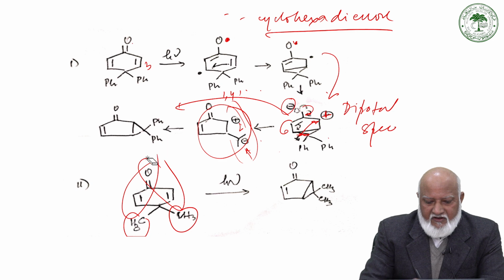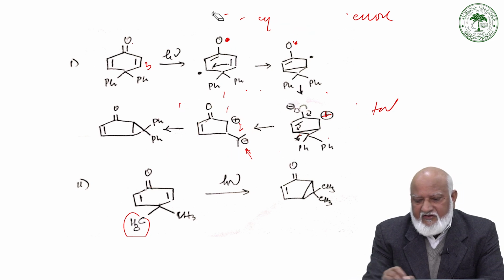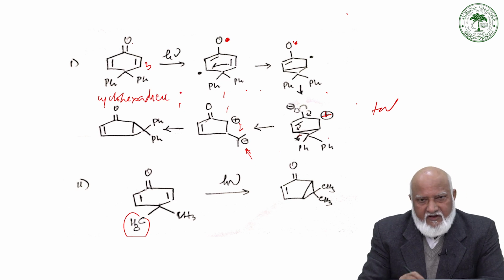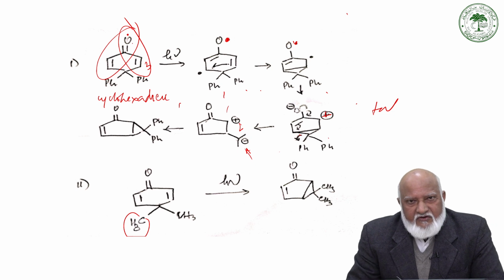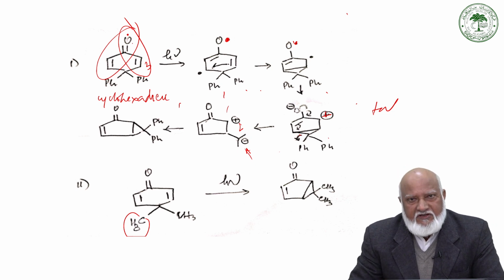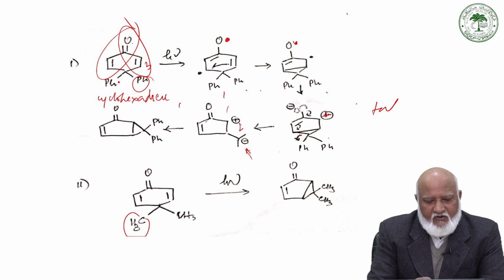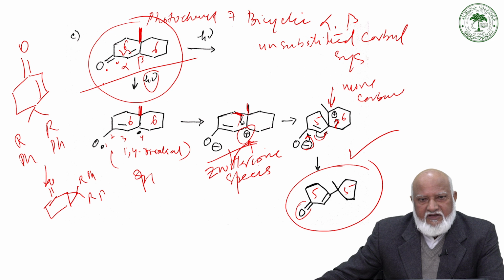So the cross conjugated cyclohexadienone, again with the 4,4 disubstituted cyclohexadienone ring system. When we have a cross conjugated system, does it undergo a similar type of rearrangement to what we have seen in the case of 4,4 disubstituted cyclohexenone with the aryl group as well as the alkyl group in the previous cases?